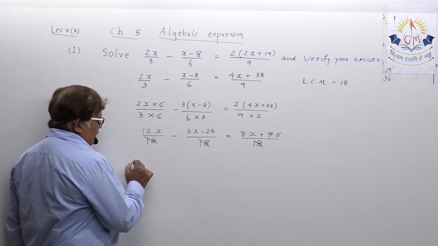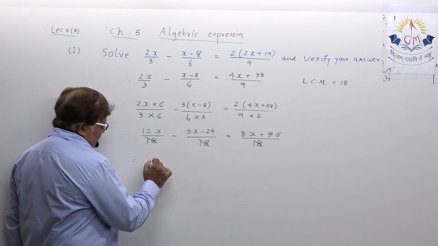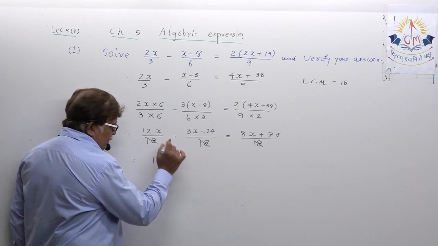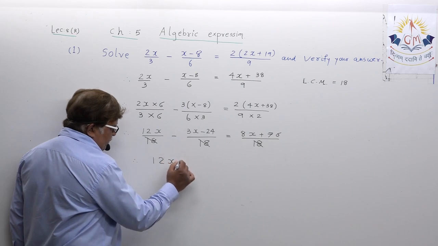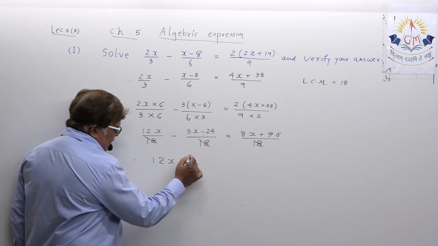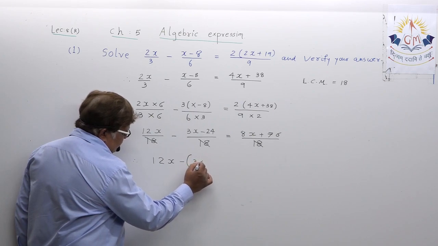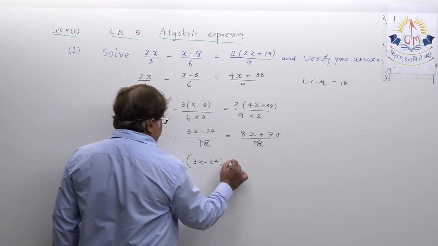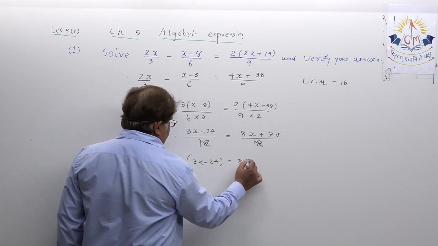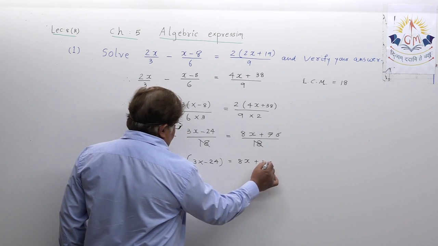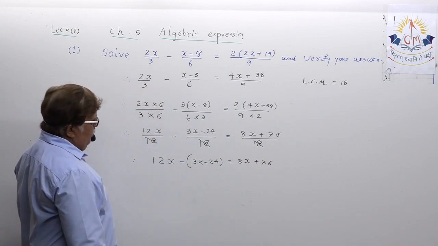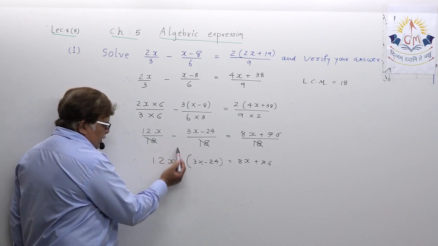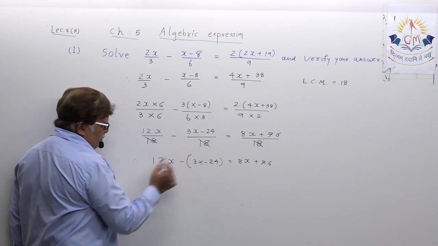Now be very conscious. 12x. Now see, dear student, what I am doing: this minus sign as it is, and I am writing this in bracket. This is very important for you. Okay? Very important. 8x plus 76. Please be watchful in this step. Minus sign as it is in bracket this.